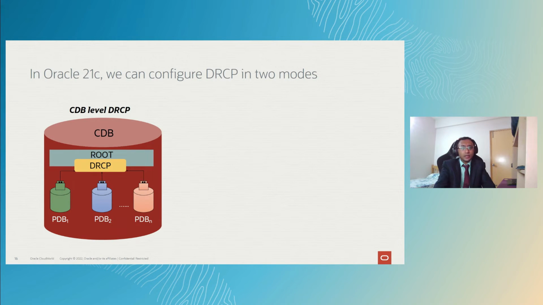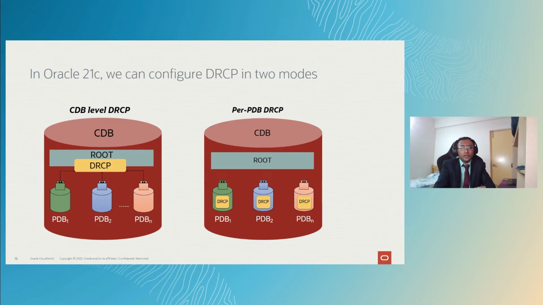This has been the case until 21c, but in 21c, DRCP configuration comes with two options now for the Oracle Database Administrator or DBA. The first is the aforementioned CDB level DRCP, which is the default mode. And the second is the per PDB DRCP, where the DRCP is created, configured, and managed for each PDB.